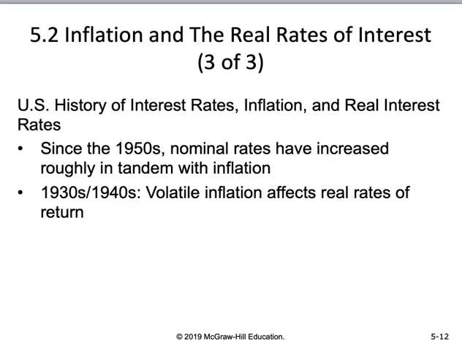At least, as this slide points out, since the 1950s, inflation and nominal rates have moved together. Before that, there was a lot of volatility, and they did not track so closely.